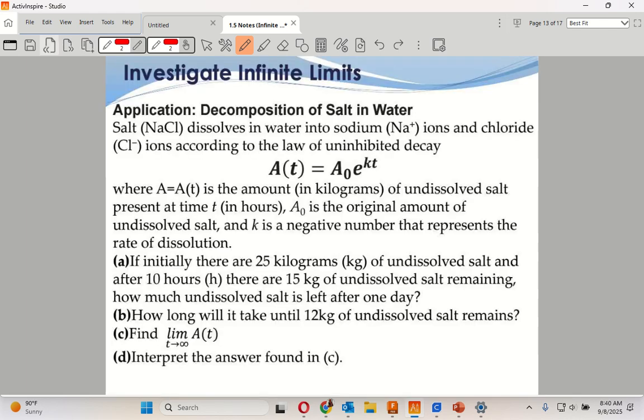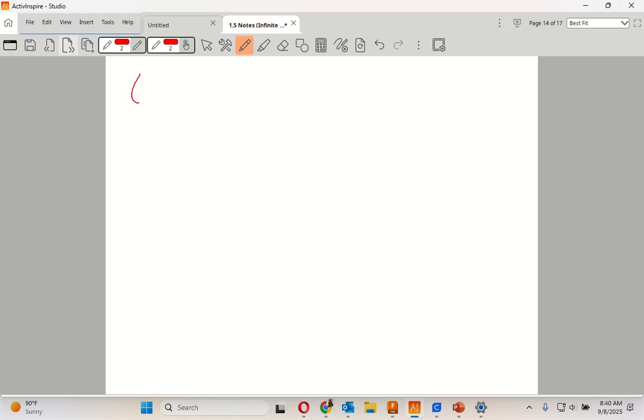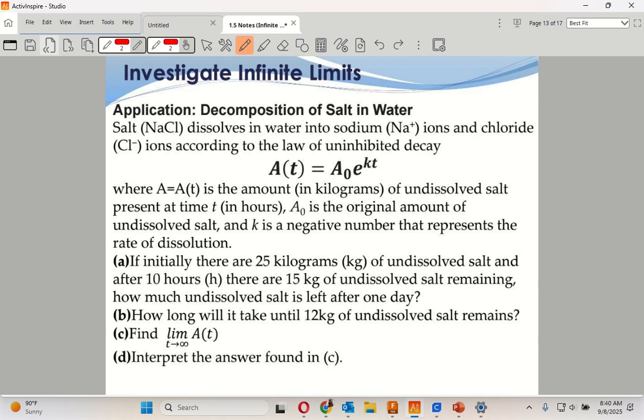So initially, time 0, 25, and time 10, 15. And this is in hours, right? Yes, time in hours. Okay. So A of T is equal to A sub naught e^(kt).